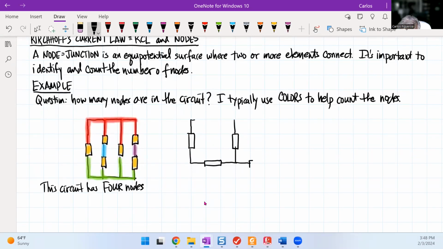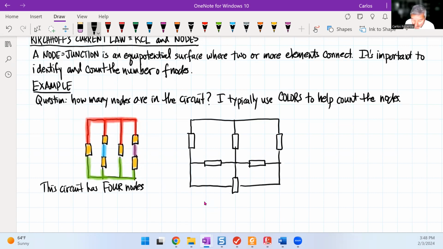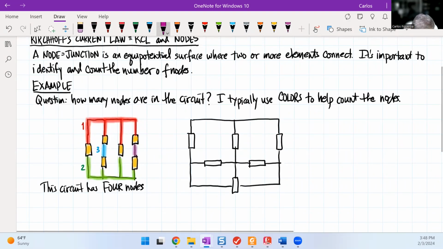And then finally, here's my last node. So again, using a coloring scheme, by the way, I should have just come in here and labeled this. So this should have been 1. Then in this one, we call this 2. And this one, we call this 3. And here we call this 4. Let's try the same coloring scheme.